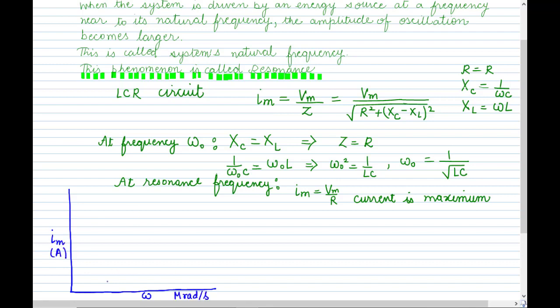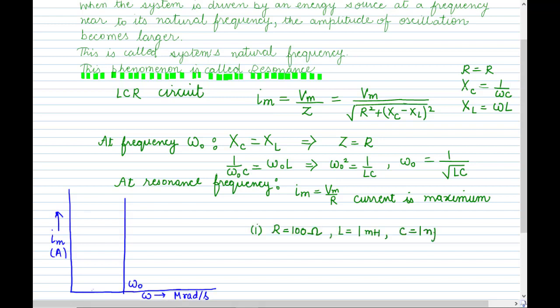So for this frequency omega, at this point we have the resonance frequency omega naught. So this whole axis is omega, and at this particular point we have this resonance frequency.